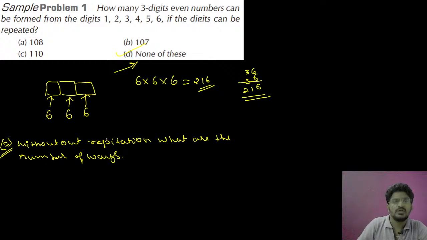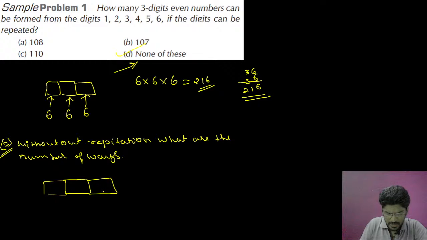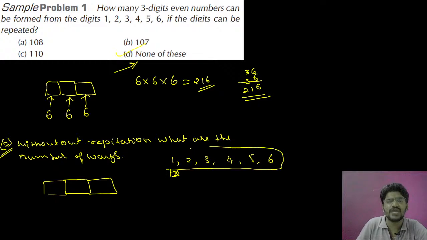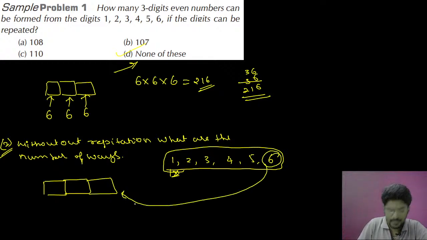Very good. So see here, without repetition, what happens? You got 1, 2, 3, 4, 5, 6. You got 6 different numbers. Without repetition means out of these 6, I will choose one and use it here.